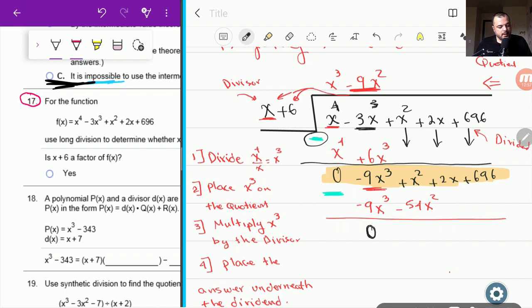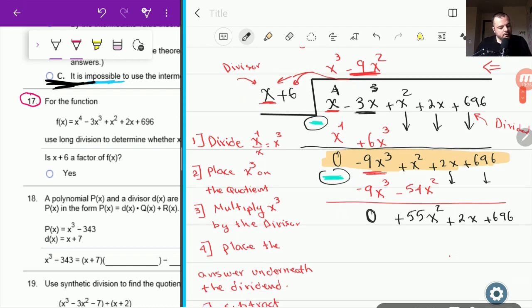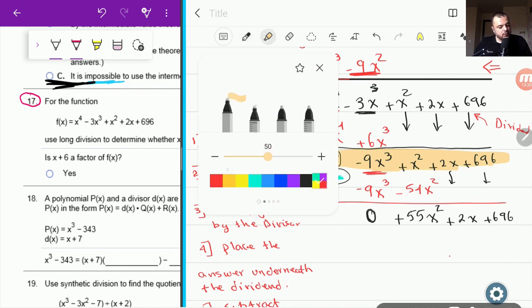Then x squared minus negative 54x squared is going to be positive 55x squared. Then I'm going to bring down all of these terms. Correct? Start over. This is my new dividend.